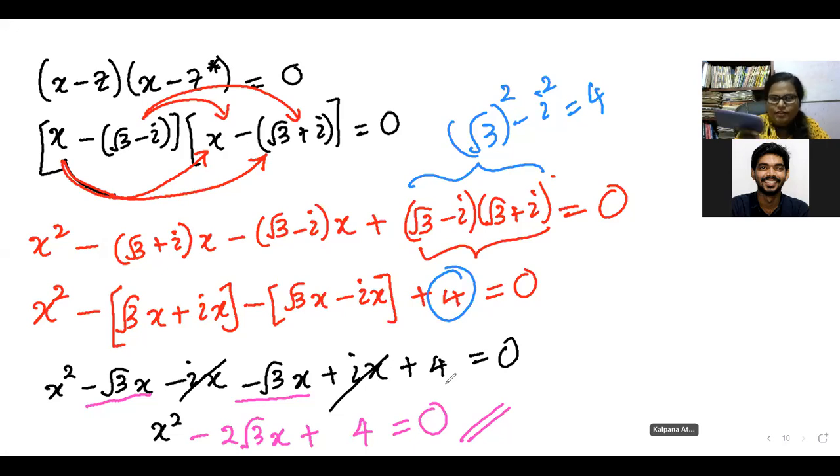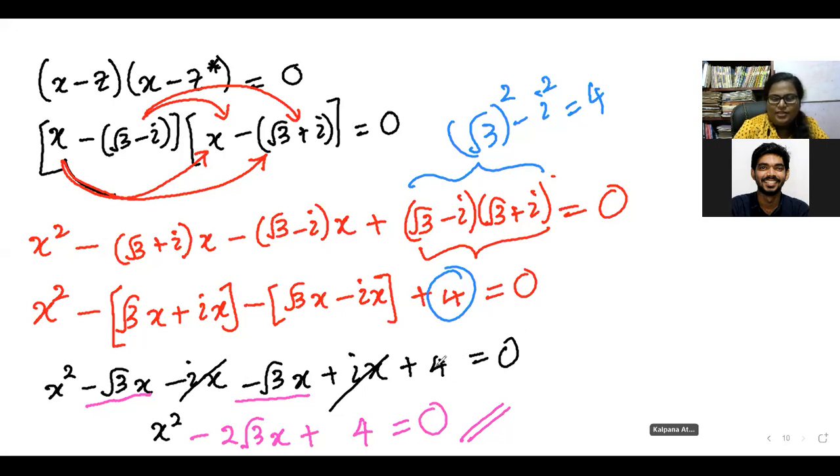Then you will get these complex roots, square root 3 minus i and square root 3 plus i. Do check with your own calculator. These are the roots of this quadratic equation, right?